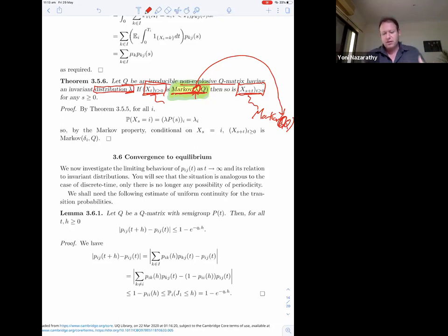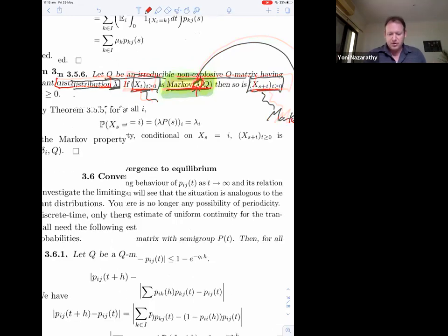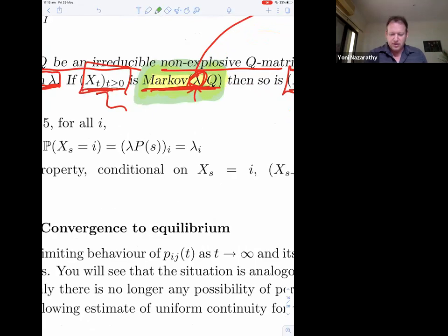Starting at the invariant measure, or the stationary distribution, means the process is stationary from the start.